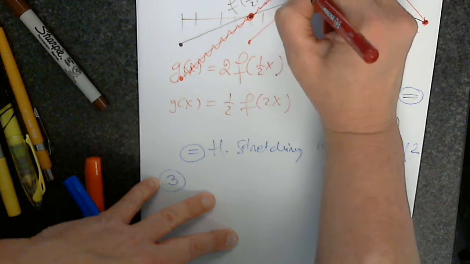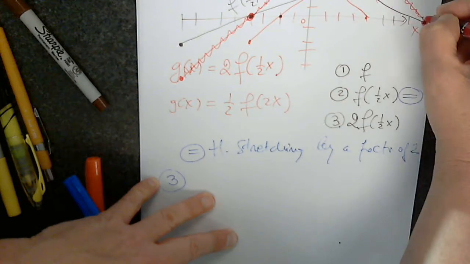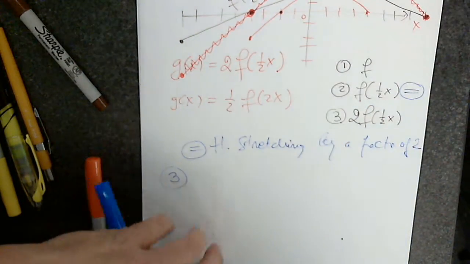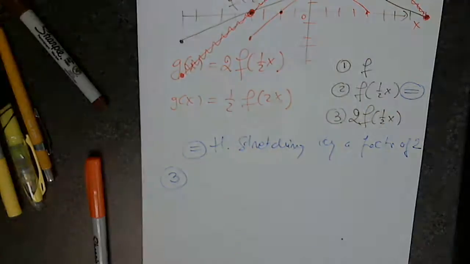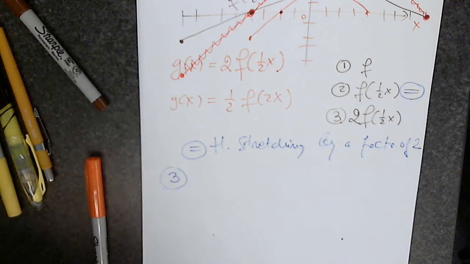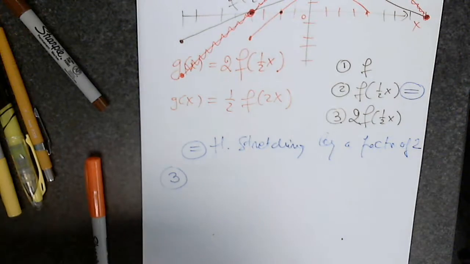I just want to emphasize it because I don't know if you see colors or not. So this is twice f of 1/2 x. Yes? So you multiply by 2. That is straightforward like before. It's a vertical stretching, yes. Remember the absolute value and 3 times the absolute value. Yep.